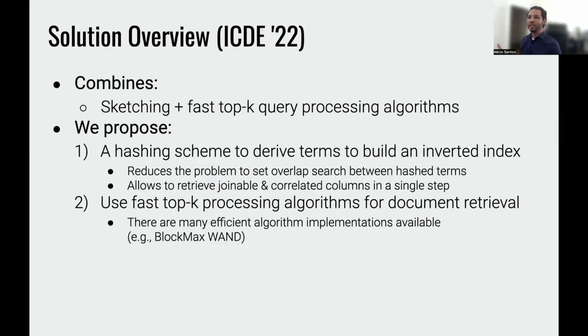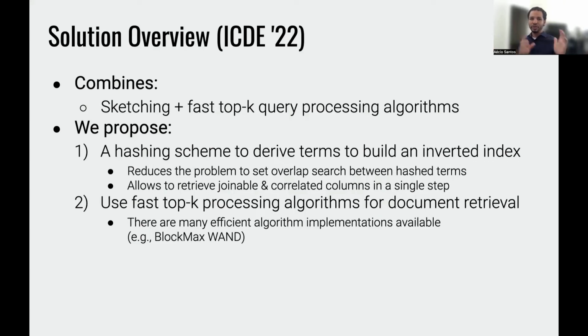So in this paper, we also propose a new approach for the problem. It's again based on sketching algorithms plus inverted indexes. But the main difference here is that now, instead of doing this two-step approach, we derive a new hashing scheme, which allows us to basically reduce the problem of finding correlated tables to this set overlap search problem.